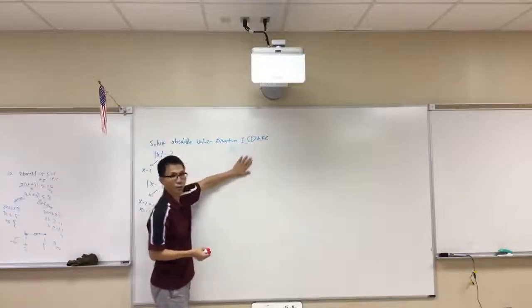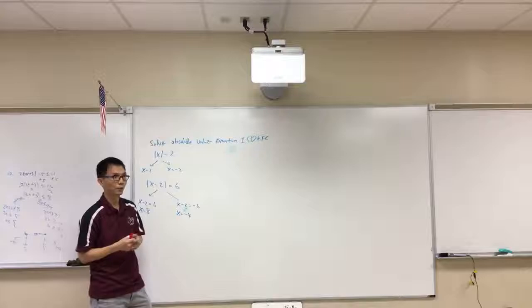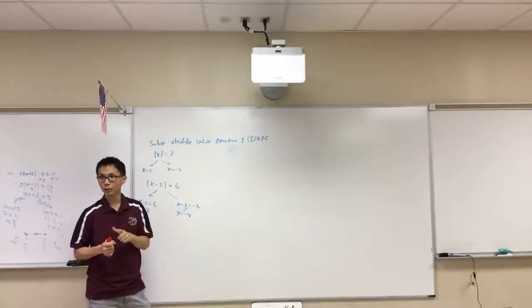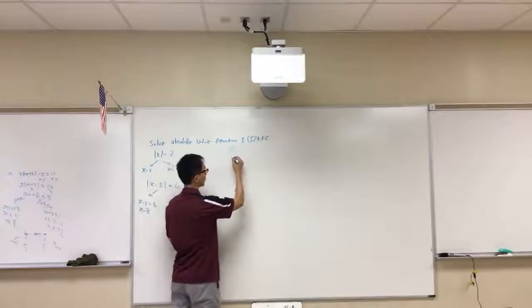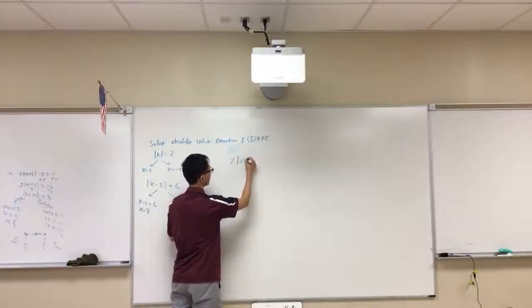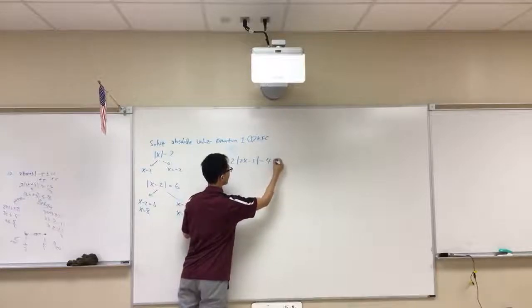But this is the acronym I remember to help me solve any kind of absolute value equation problem. It could be an equation or an inequality, you're gonna solve all the way. So here's the way it is. If I have 2 times the absolute value of 2x minus 1, minus 4, is equal to, I don't know, 10.